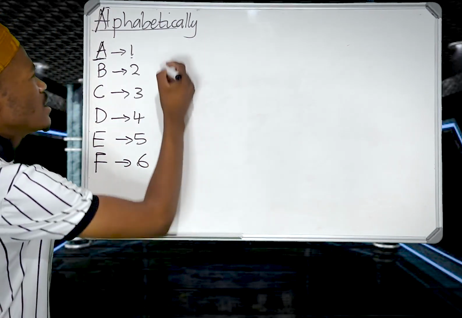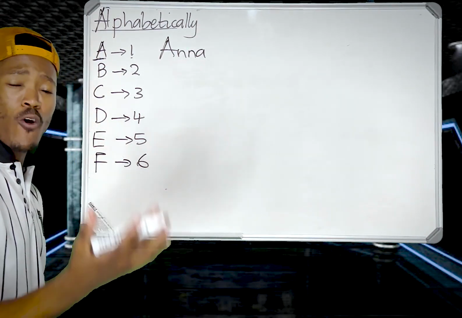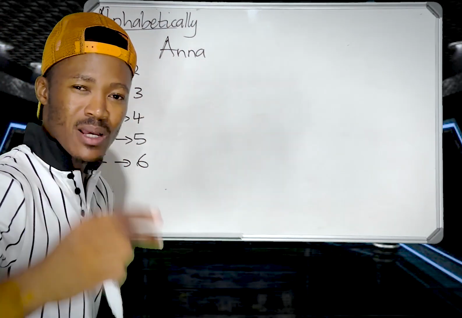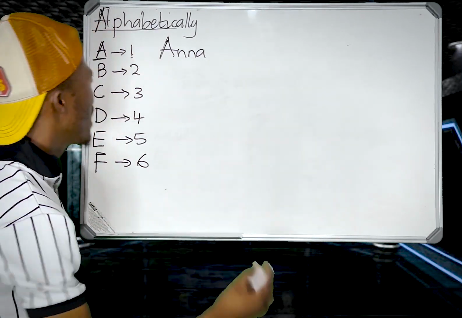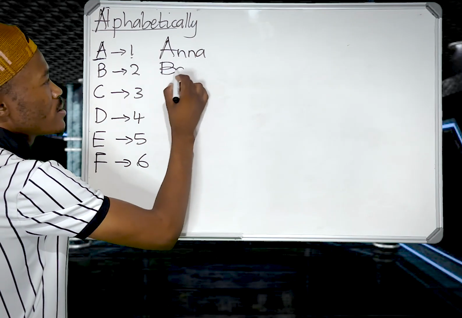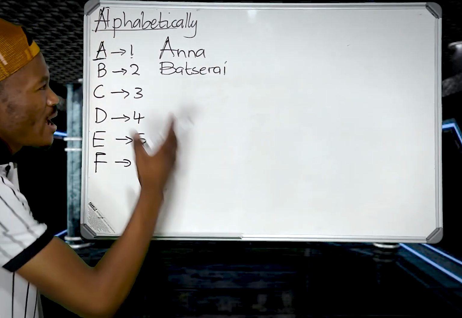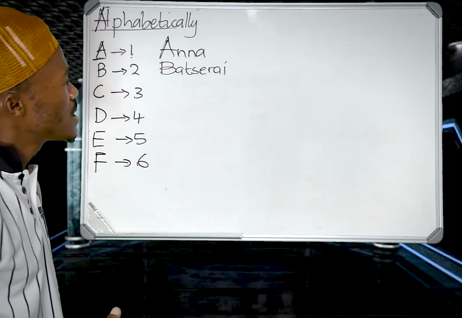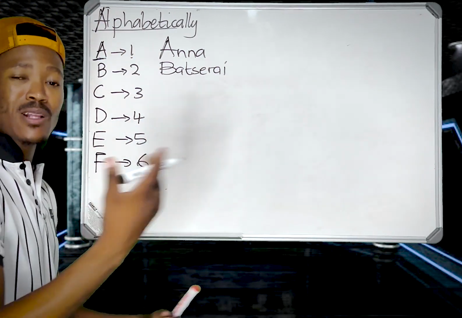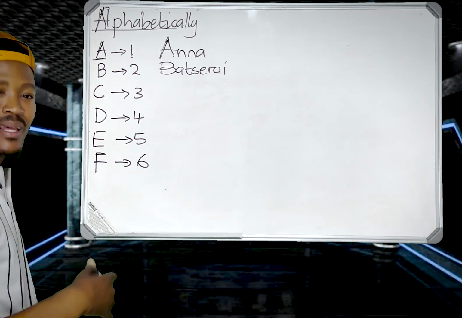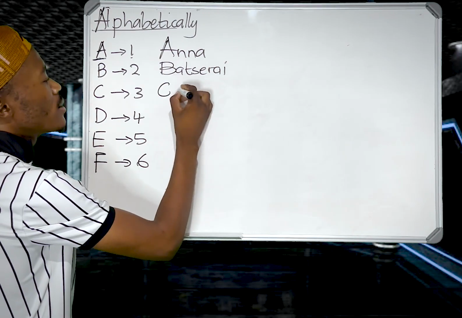For example, tropical cyclone Ana, followed by the second tropical cyclone once Ana has passed, tropical cyclone Batsirai. I think this cyclone hit Madagascar sometime in 2023. The third tropical cyclone that will follow, we give it a name that starts with C. Tropical cyclone Carol.